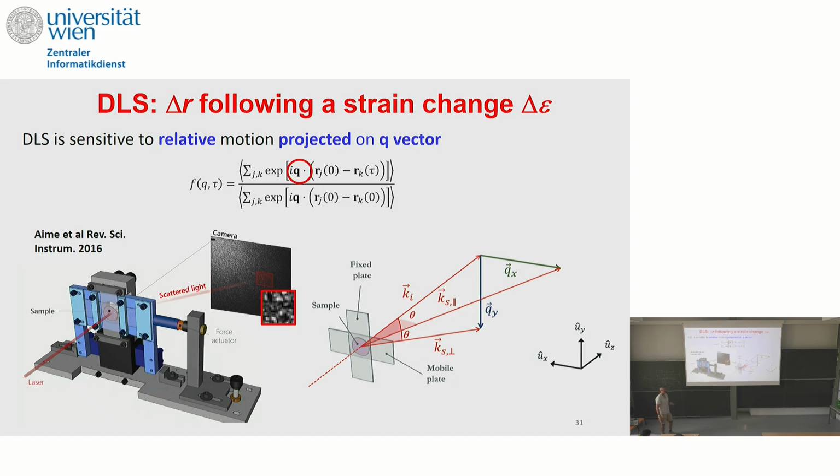So if you are interested not in the affine displacement that you would get in an ideal solid, but in deviations with respect to that affine, you better look at which one, Qx or Qy? Qy, exactly, because Qy is not sensitive to motion along the direction of the imposed shear. So this is an example of how important it is to think a little bit about the geometry of your experiment if you're doing single scattering, because the orientation of the Q vector at which you measure things is very important.